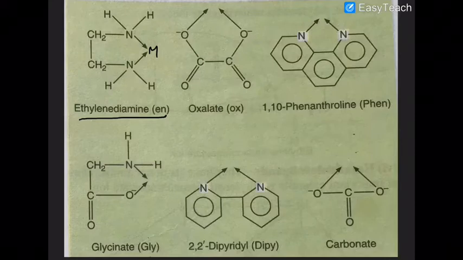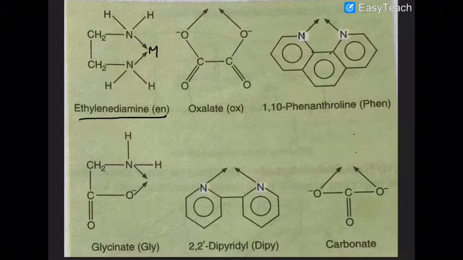Then there is 1,10-phenanthroline. It is also able to form a 5-member ring around the central metal atom. Similarly, you have glycine. In case of glycine, you know that it is the first amino acid. So in case of glycine also, you can have a chelation around the central metal atom.